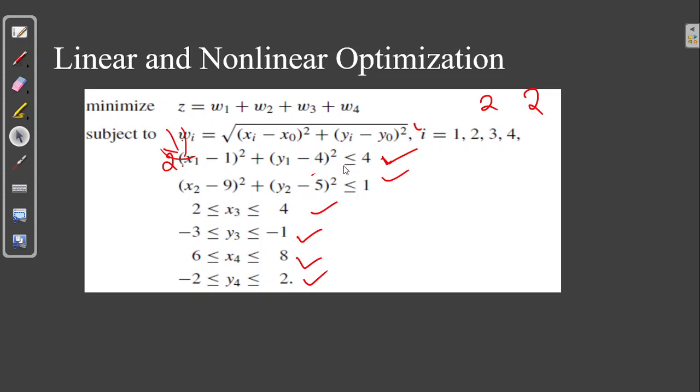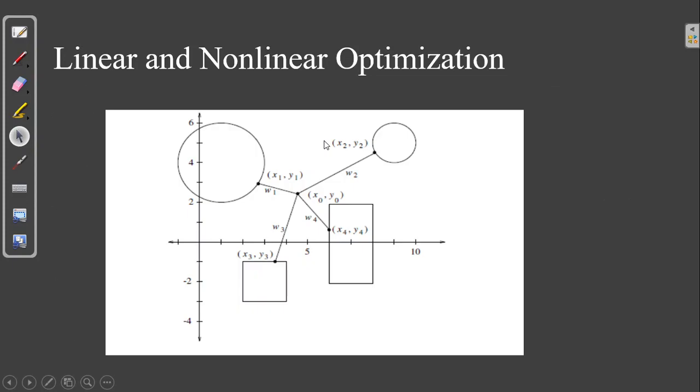That means (x1 minus 1) whole square plus (y1 minus 4) whole square less than or equal to 4, which is the equation of a circle having radius 2 and center at (1, 4). So that means this circle.